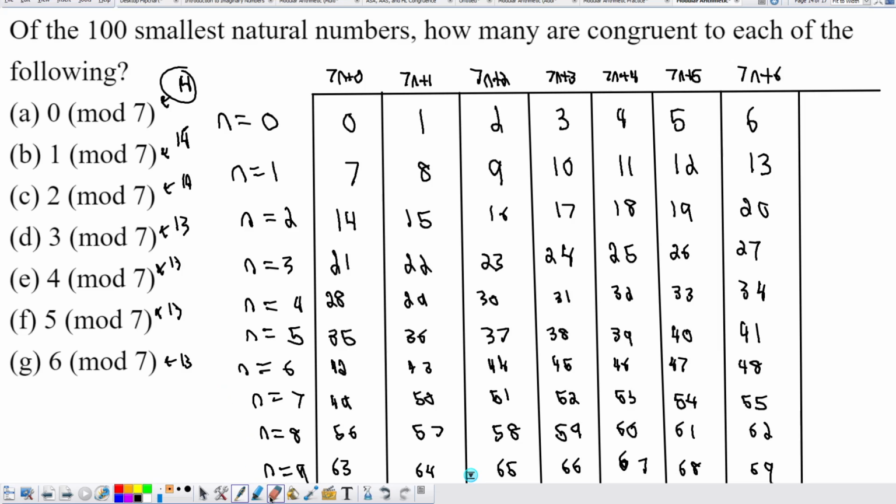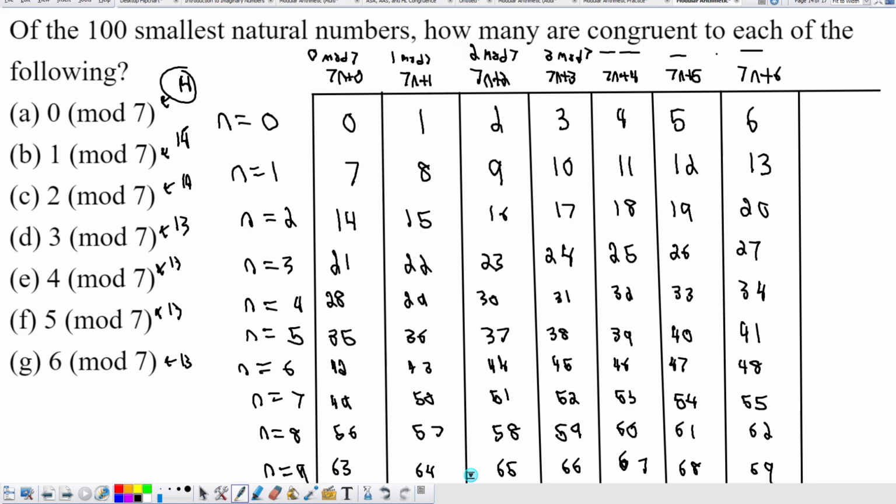And now we have this kind of way of thinking where, we're just developing the previous thinking, everything in this column is just 0 mod 7. This is 1 mod 7. 2 mod 7. 3 mod 7. And so on and so on.